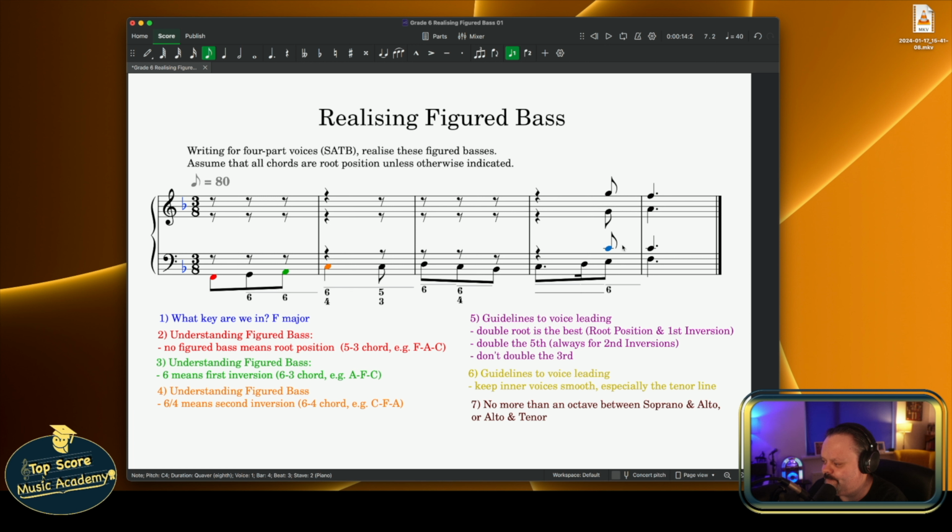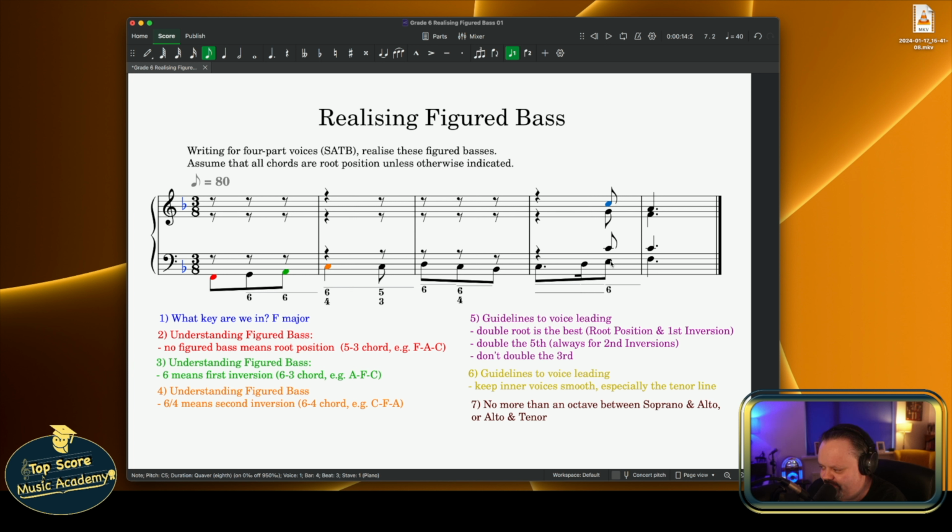So what I might do then is just move this to the F there and move that to the A there. Now that will actually help us get smoother voice leading here. There we go. So there's my F, A, C chord, and the chord before it is the first inversion chord.